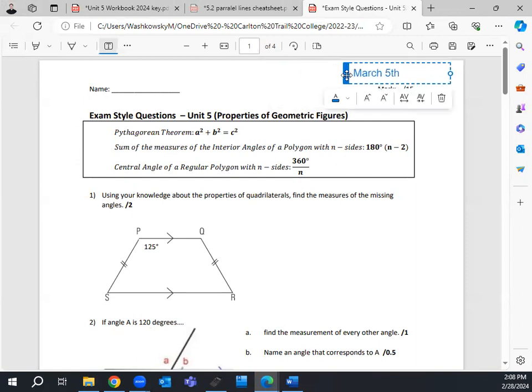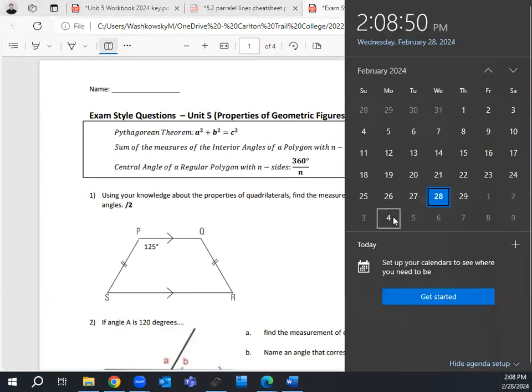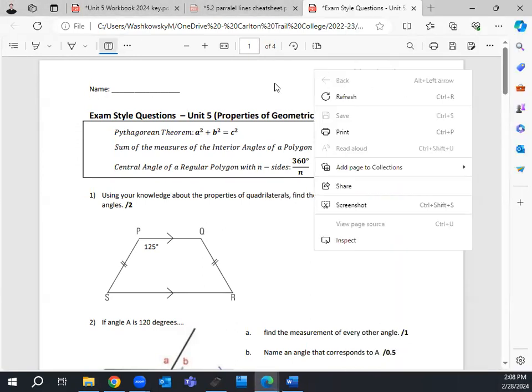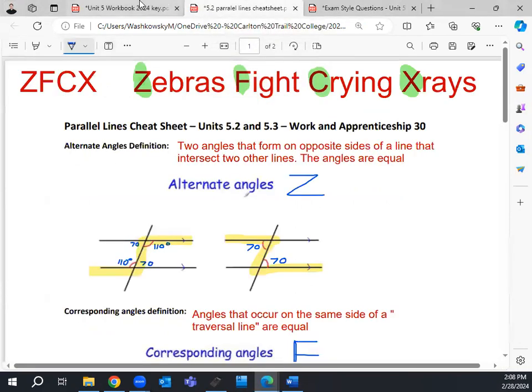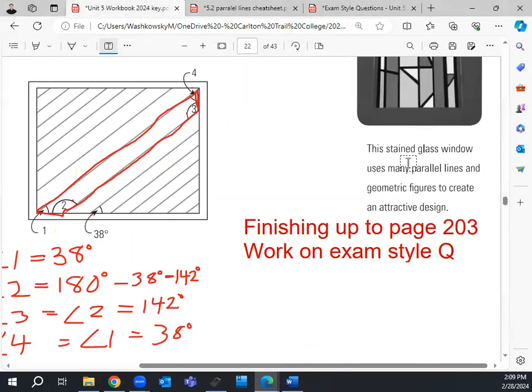It's due on March 5th. And we're also going to have a concept check for this unit on the 4th. So March 4th will also be a concept check. So you can keep finishing up this booklet, and then you can work on those questions. You will have time for it this week, though. Don't worry about that.